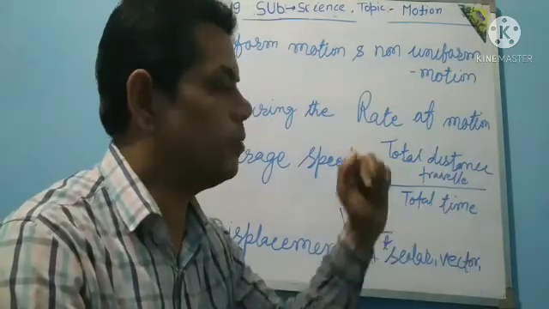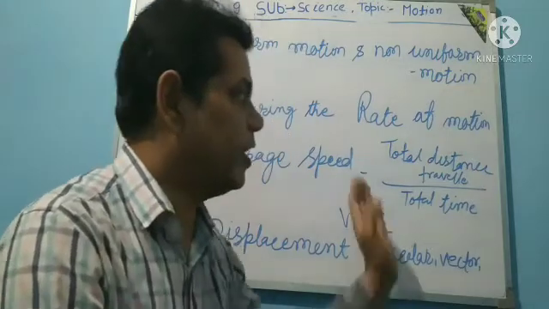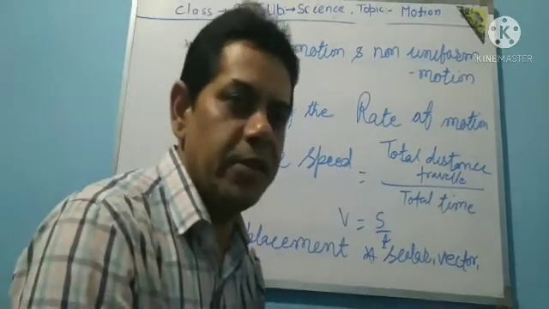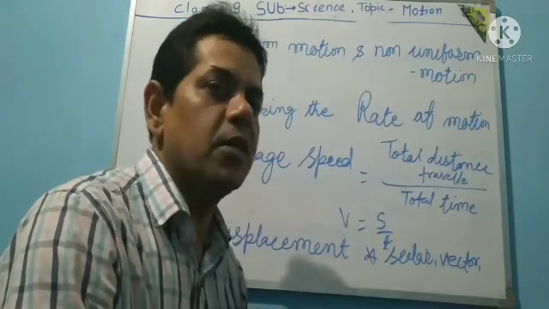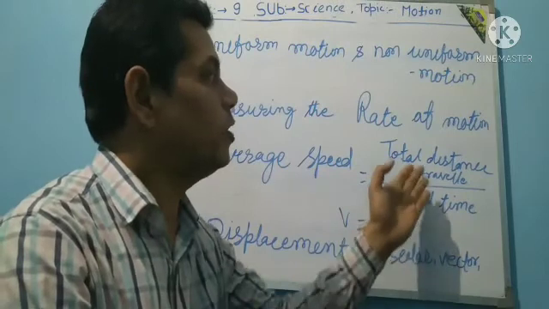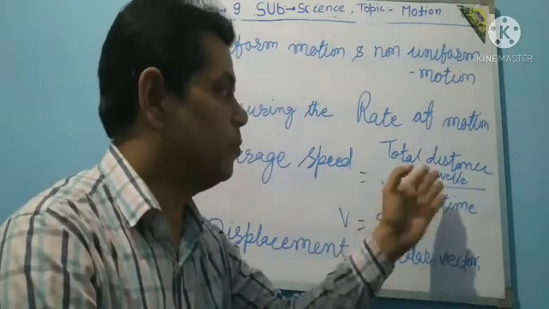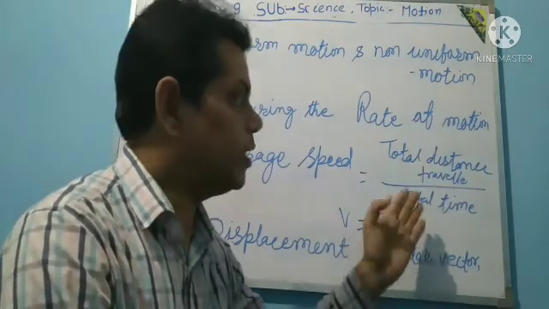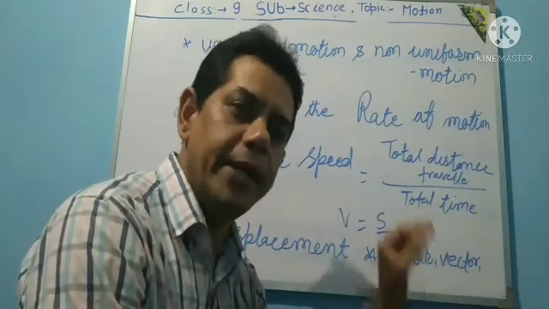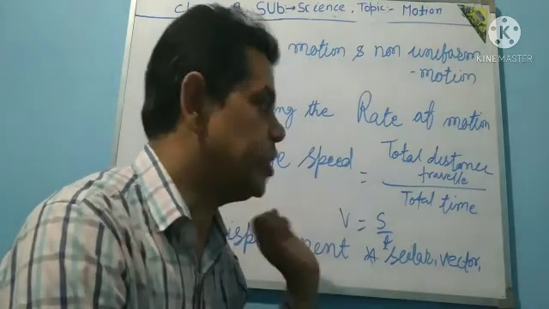The total distance traveled by any object divided by the total time taken by that object is the average speed.